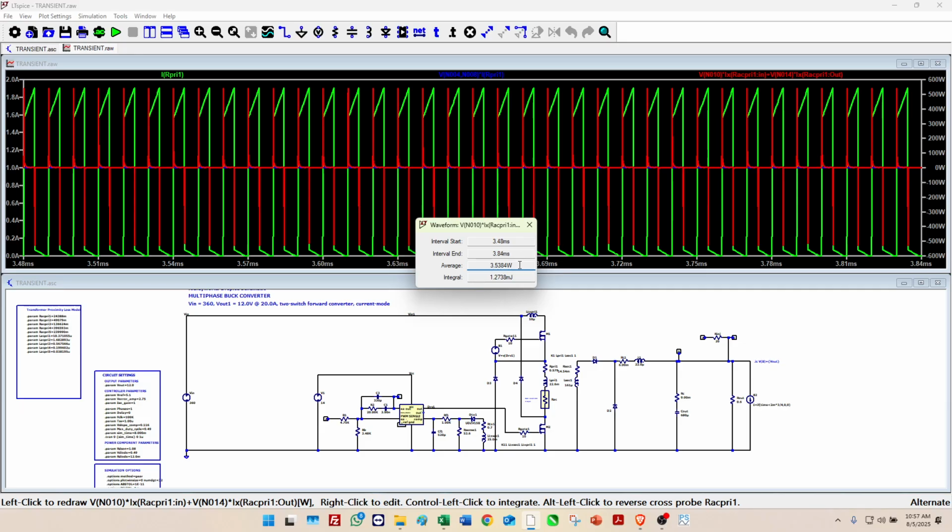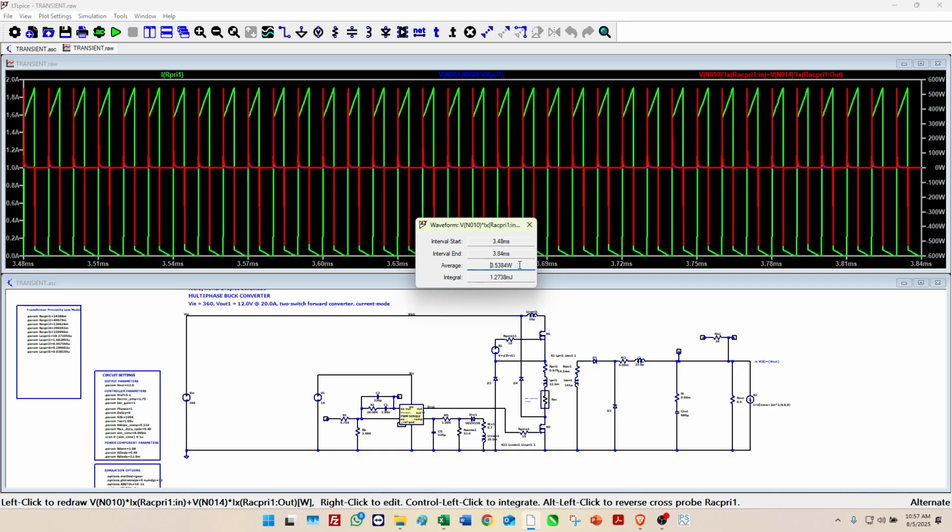RidleyWorks was predicting only 2 watts of loss in the winding, and the losses are higher in LTspice because it's using all of the harmonics in the calculation, and the resistance is climbing rapidly with frequency. So now we can see we've got almost 4 times the loss that we expected, and now you can redesign your transformer to take care of that if you know how to do that.